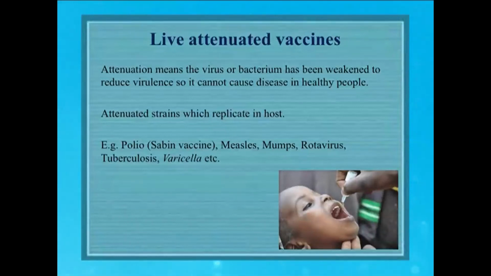The live attenuated poliovirus vaccine used today is called the Sabin vaccine, after its discoverer Albert Sabin. It is composed of 3 attenuated live poliovirus strains. When given orally, these 3 strains colonize in the intestine and activate the immune system. Several doses are required for this process.